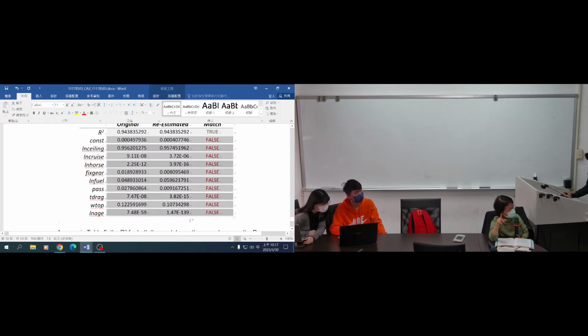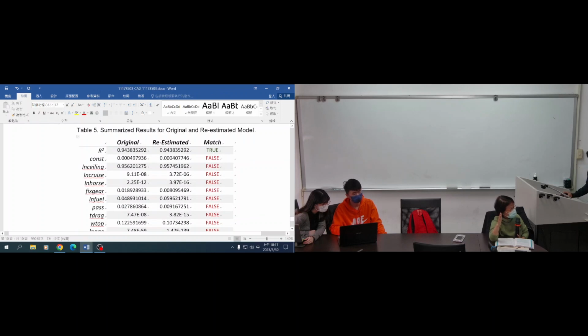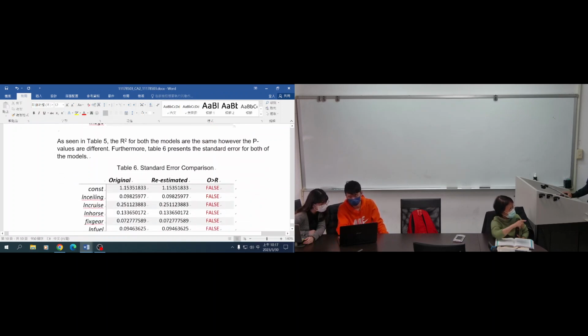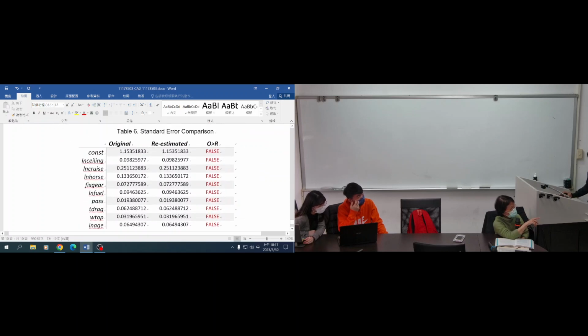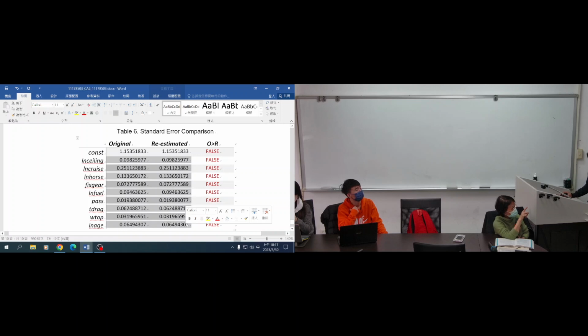It should be exactly the same for coefficient, but standard error is different. What's this? This one, the lower one, seems to be the coefficient estimation. Look at those numbers, exactly the same. So this is the coefficient estimate, and the upper one is standard error.